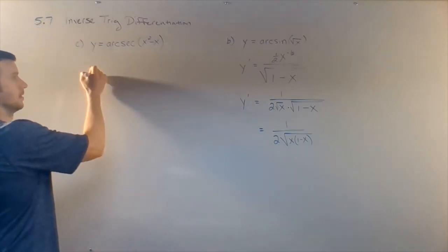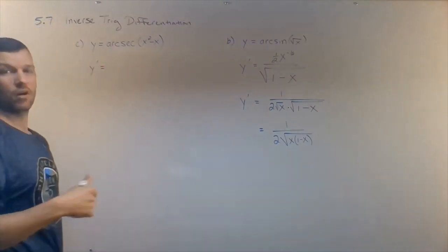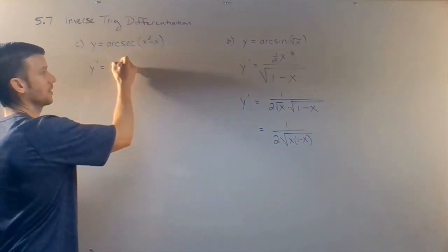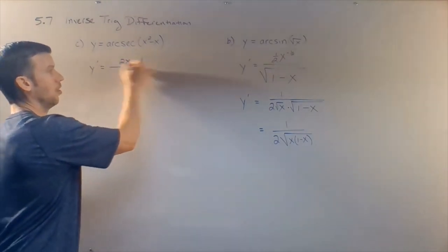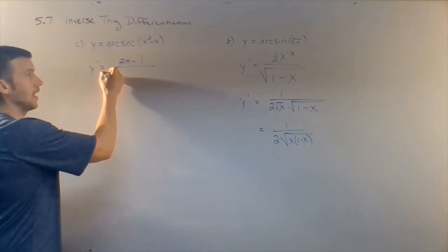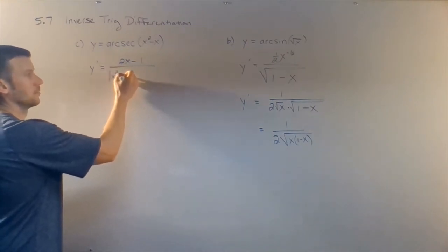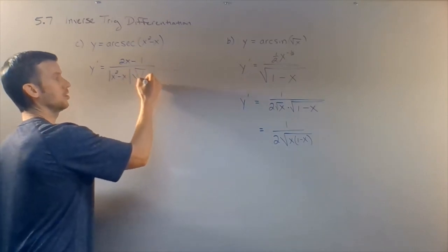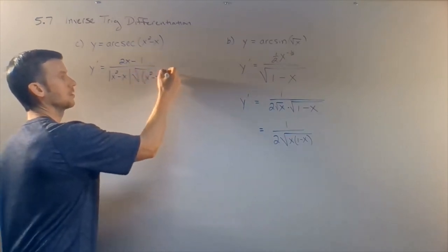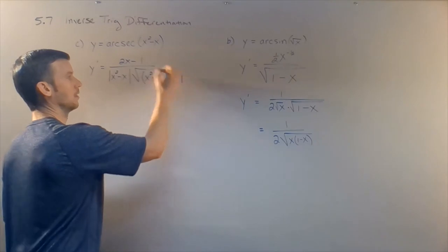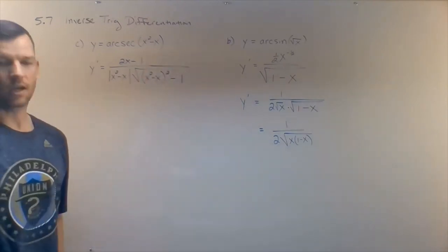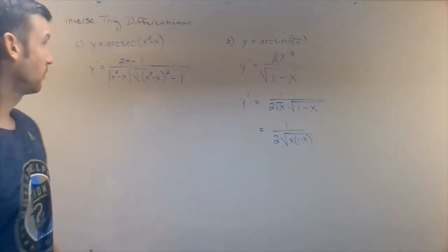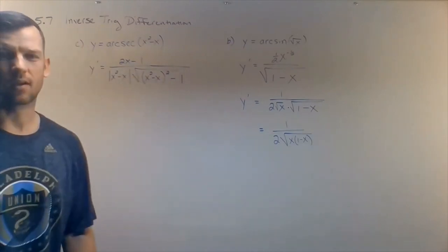The rule says that it's going to be the derivative of the function, so that's 2x minus 1, over the absolute value of the function times the square root of the function squared minus 1. So that's the calculus of it. We could try to simplify that, but I'm going to leave that alone.